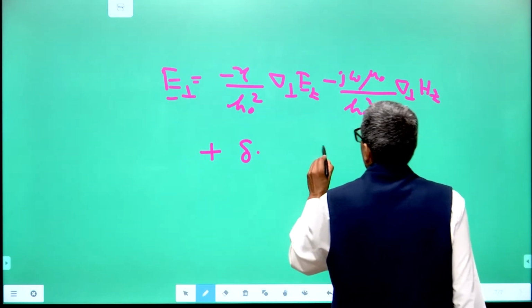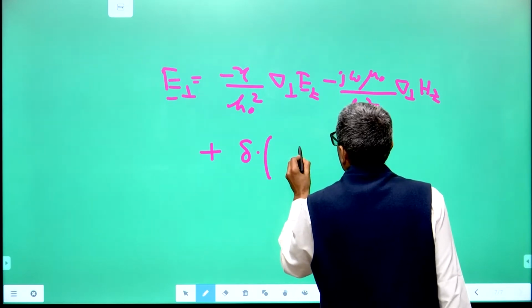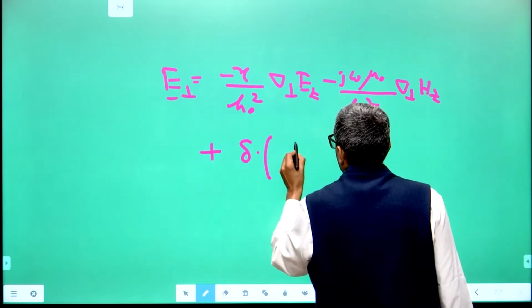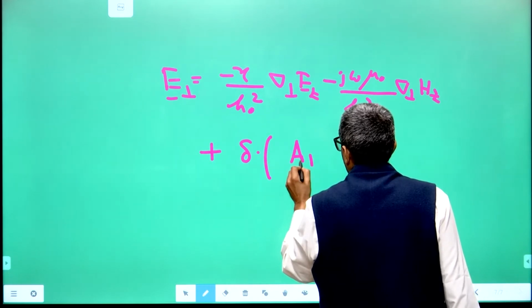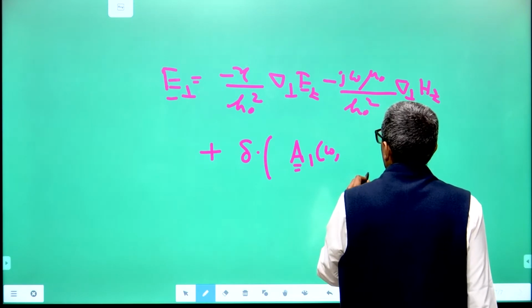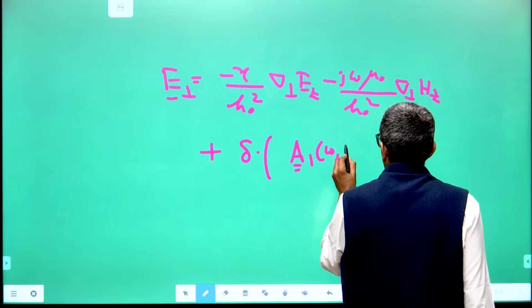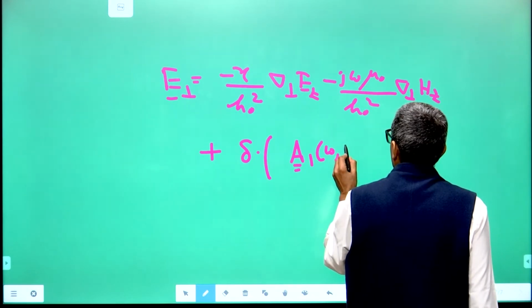some matrix, let us call it a 2 cross 2, times a 2 cross 1 vector, right. So it will be some matrix A1 which depends on omega, gamma, and h naught square, and also on x and y.